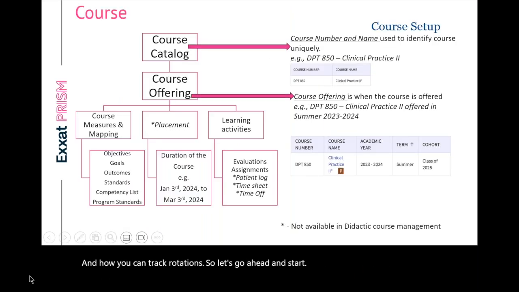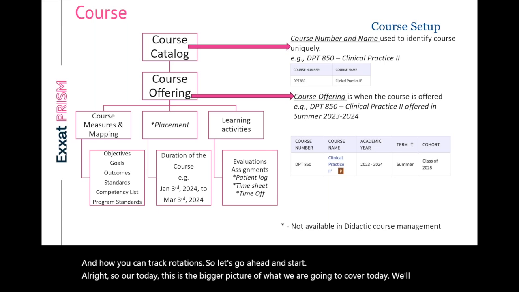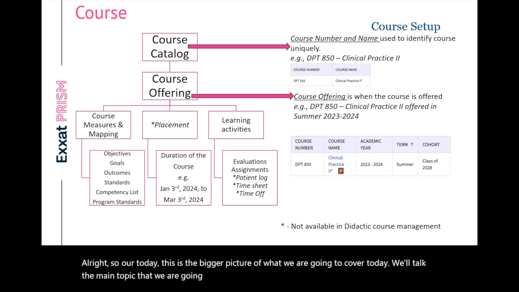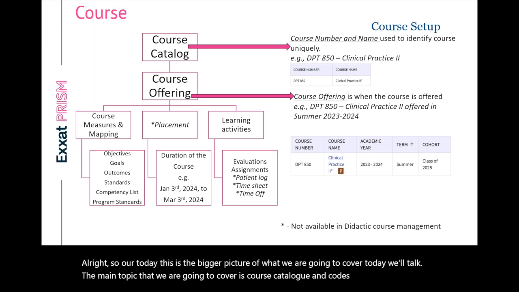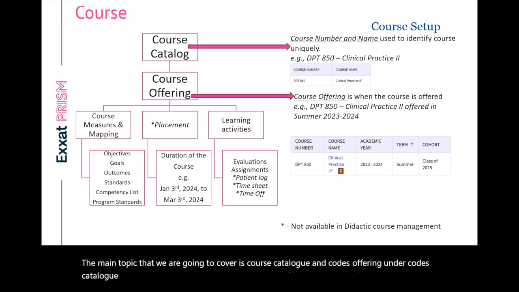This is the bigger picture of what we are going to cover today. The main topics are course catalog and course offering. Under course catalog, I'll show you how you can build a course list, a big list of courses that you are offering or plan to offer to your students.